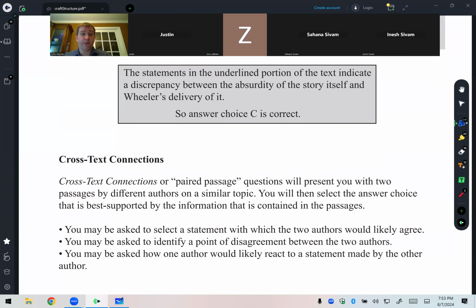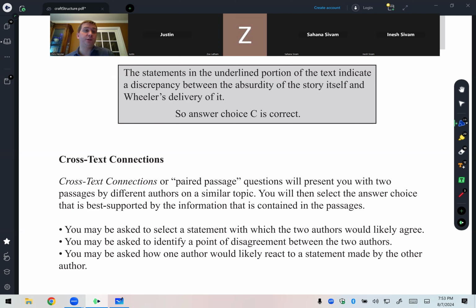All right, cross-text connections. These are the paired passages. There are two different authors, author 1 and author 2, and they're each talking about a similar topic. They probably do not agree with one another. I've seen maybe two authors discussing fracking, and maybe the first author supports this idea, and maybe the second author is more of a con voice.